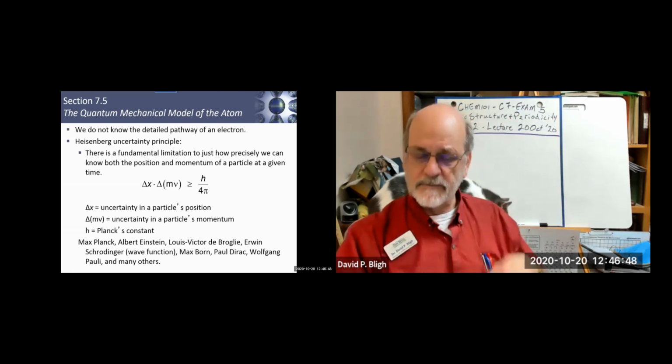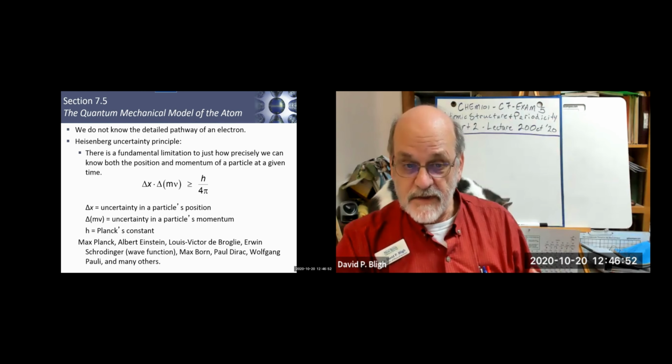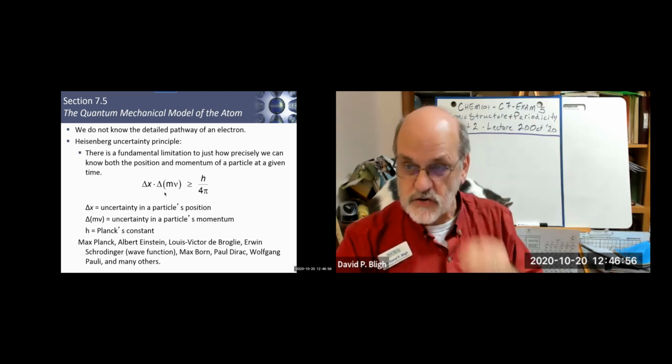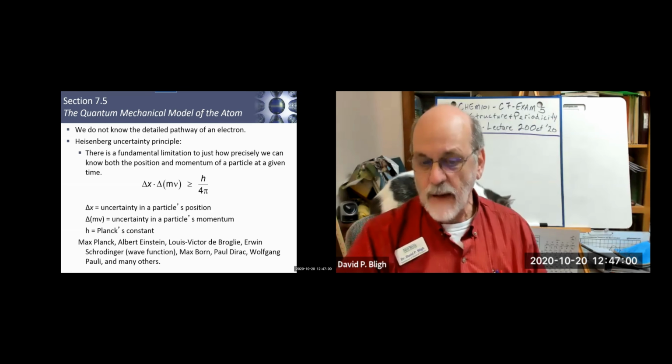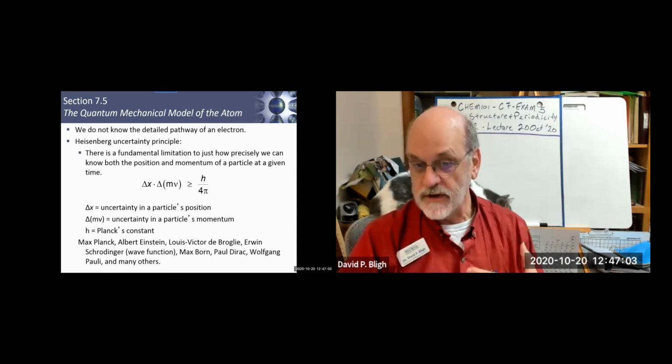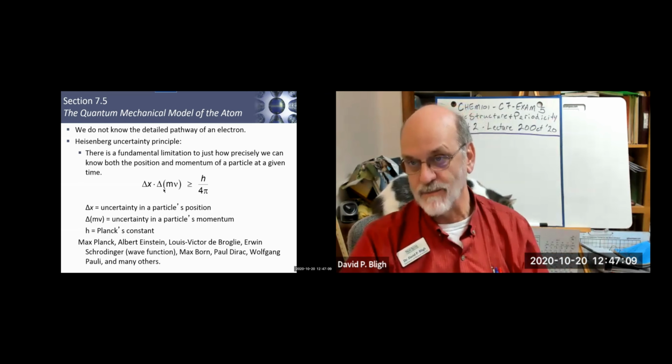Okay, so for very small particles, the terms in this equation become extremely important. For objects that are as big as we are, like humans, it doesn't matter, because the variability is overwhelmed by our mass.